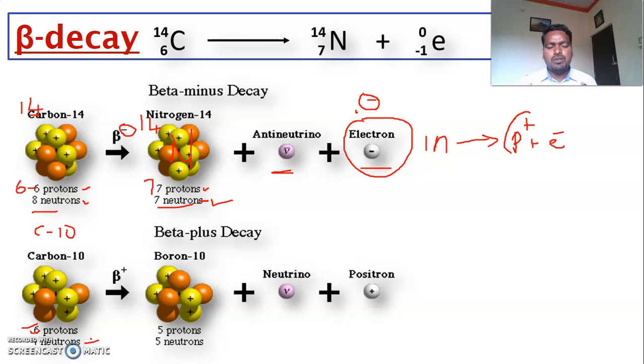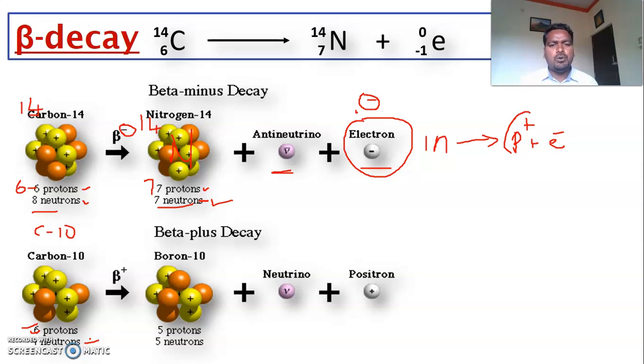Dear students, while observing a nuclear reaction, in order to understand it, you must notice the change in atomic number and mass number. And after that, you must know why it is changing, whether a proton is undergoing conversion or a neutron is converting.